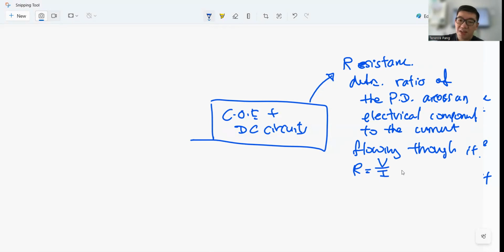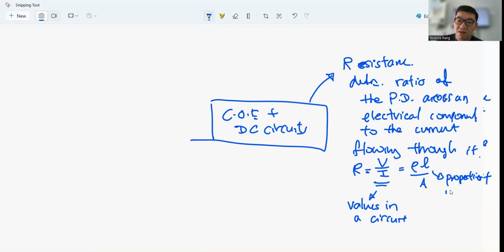But very importantly, you also have rho L over A. This one is more on values in a circuit. It's based on values in a circuit. This one is based on properties of the component. Rho L over A. The rho stands for resistivity, the L stands for length, the A stands for cross-section area.